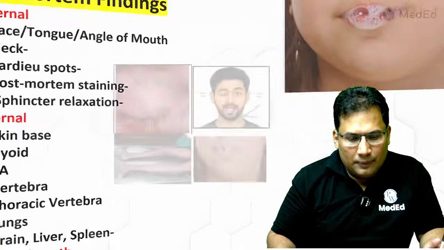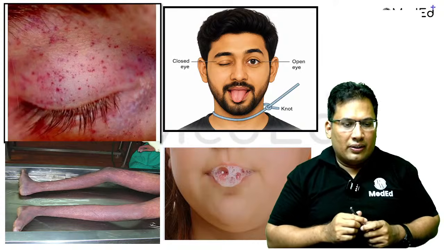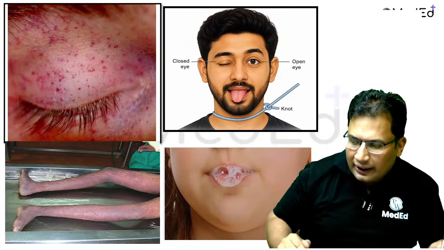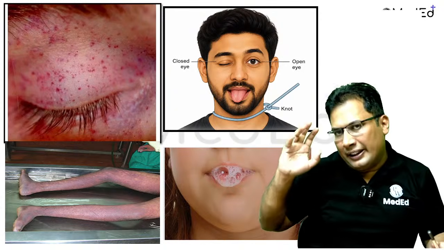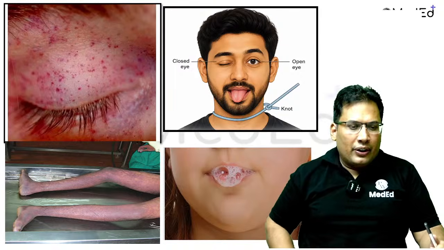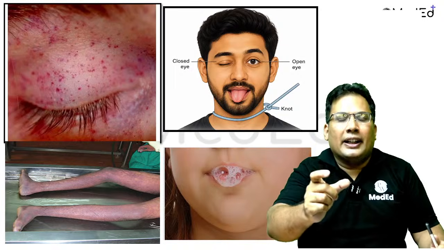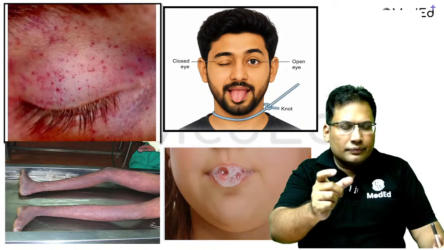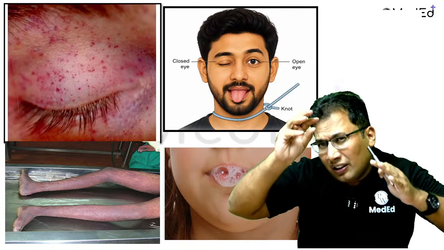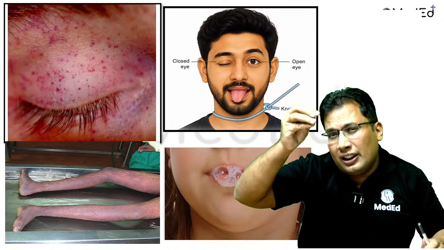Now look at this. There are 4 images, and you need to identify what these 4 images are. Try yourself. In the first image, a case of suicidal hanging. You can see the Tardieu spots, multiple hemorrhages.